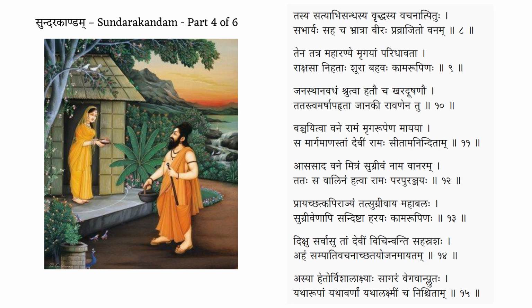For whom? Sugrivaya. For Sugriva. So he killed this Vali for Sugriva, his mitra, because in the previous line we saw that Vane Sugrivam Nama Mitram Asasada, he got a friend called Sugriva.